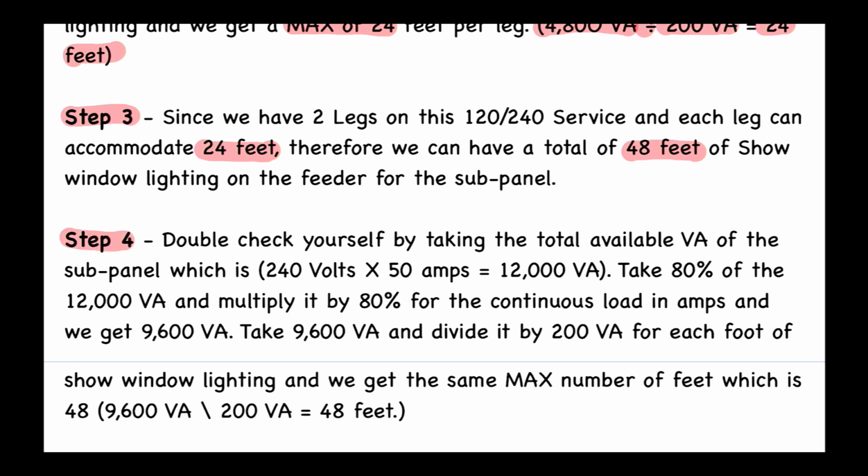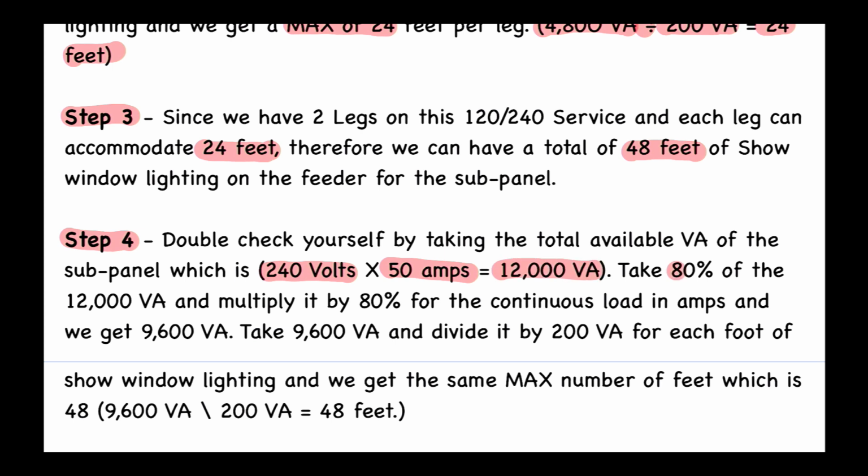So step number 4. Double check yourself by taking the total available VA of the sub panel, which now we can do as 240 volts times 50 amps. So we got a total potential of 12,000 VA.